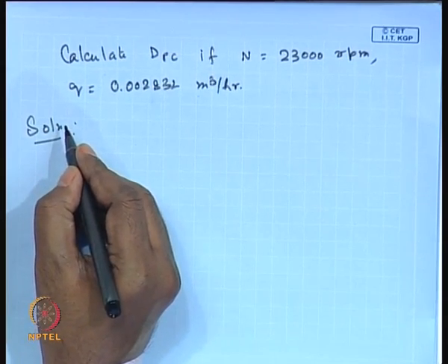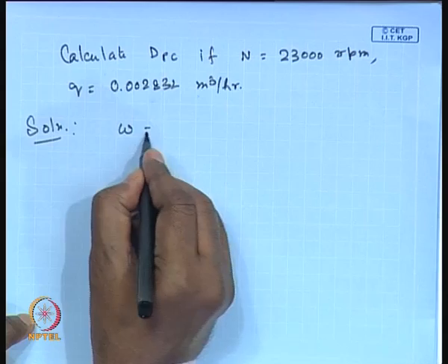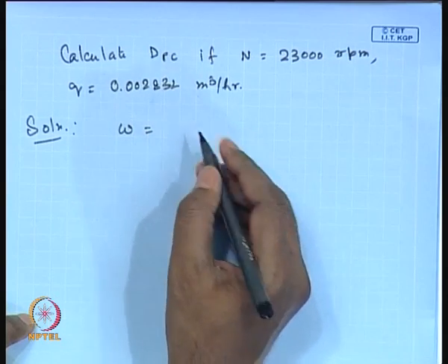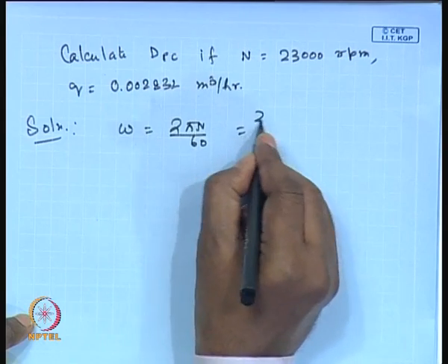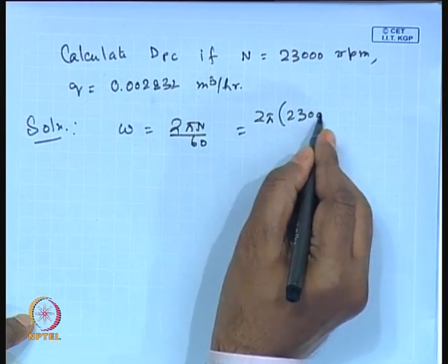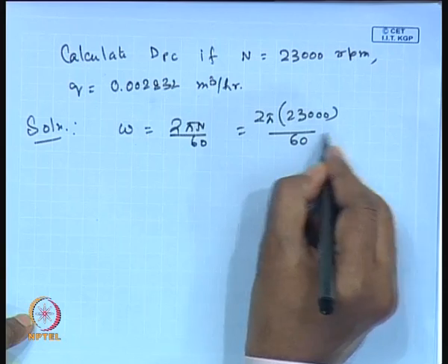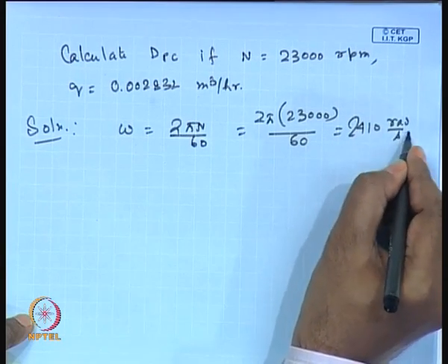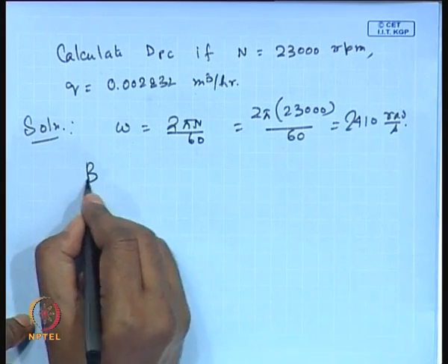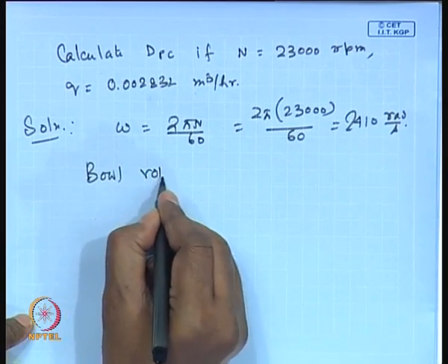The solution is straightforward. First, you have to convert the rpm into radian per second, so it will be 2 pi n divided by 60. So, it will be 2 pi into 23,000 divided by 60, and it turns out to be 2410 radian per second. Okay. And bowl volume can be calculated.